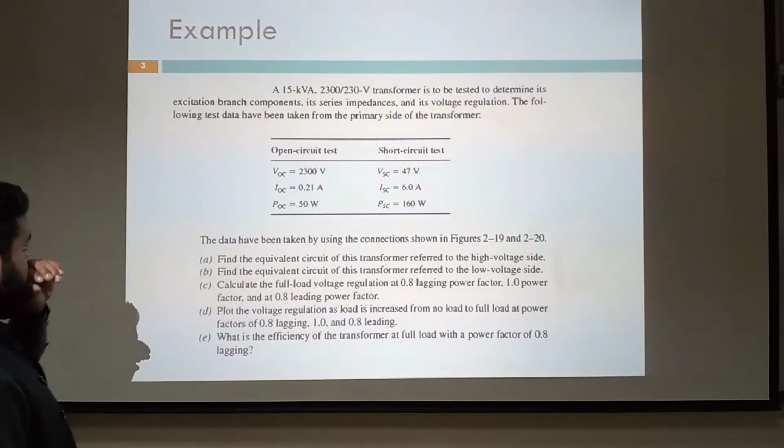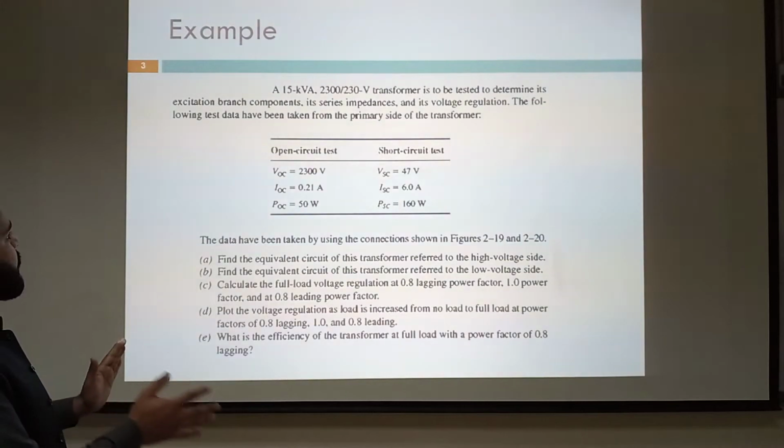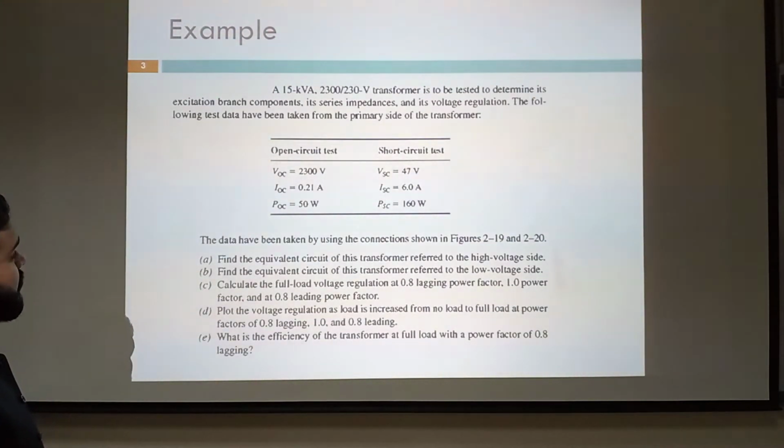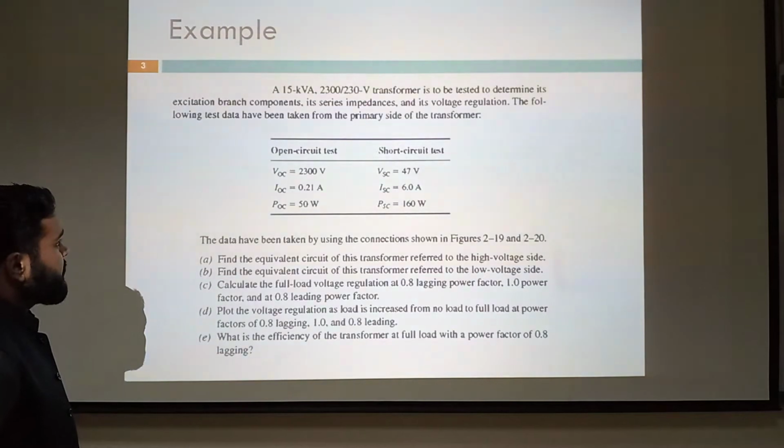The statement of the example is: a 15 kVA, 2.3 kV to 230 V transformer is to be tested to determine its excitation branch components, its series impedances, and its voltage regulation.